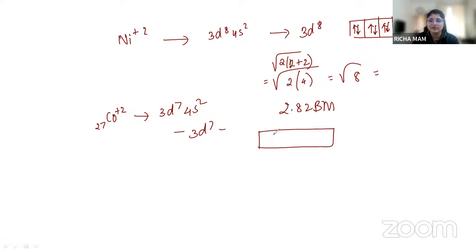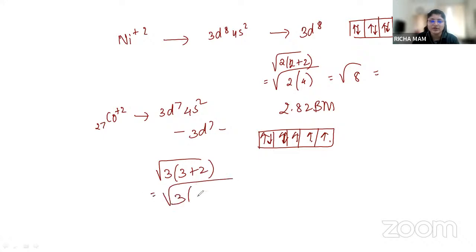So fill up the electrons, 1, 2, 3, 4, 5, 6, and 7. So there are 3 unpaired electrons. So square root of 3 into 3 plus 2, square root of 3 into 5, so 15. Square root of 15 is 3.87 Bohr magneton.